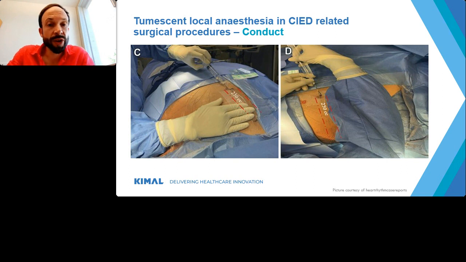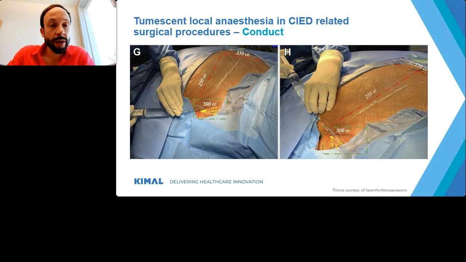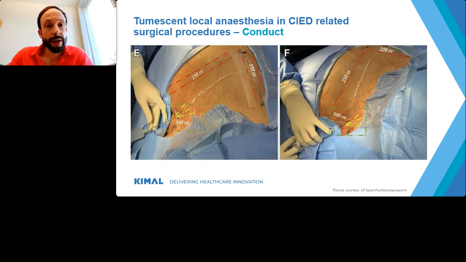So this is the next picture, where we have the infiltration in the pocket area. I think we jumped over the pictures of the tunneling as well, but you can imagine this, and it's indicated in the pictures.